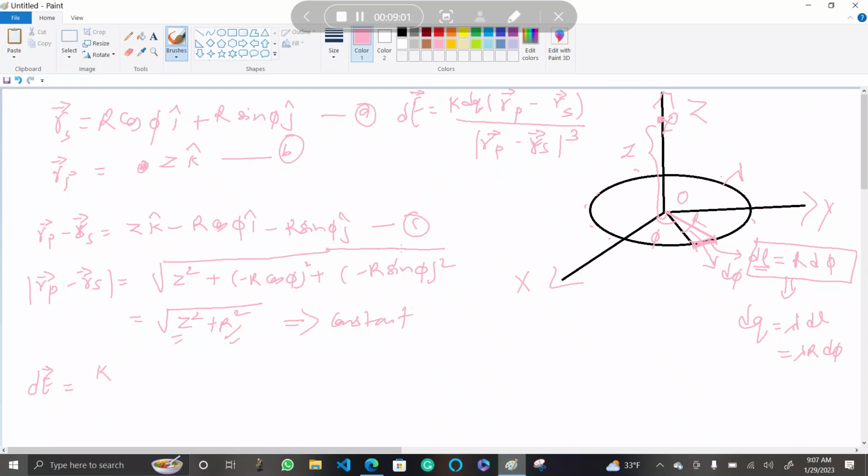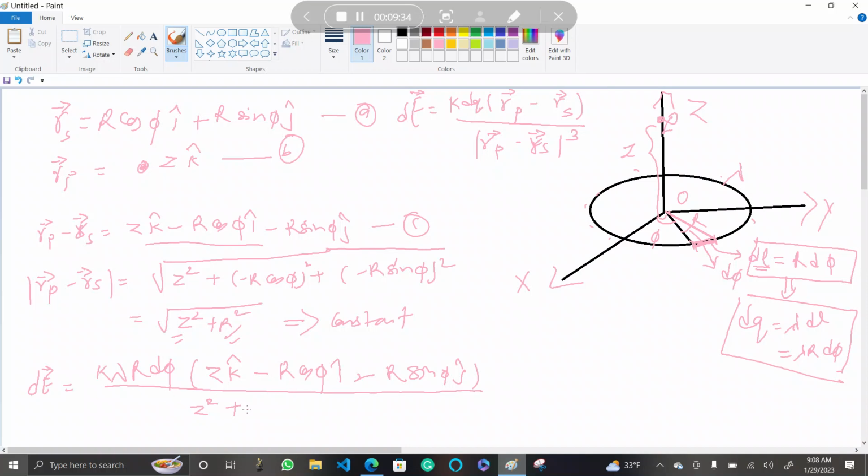Here we have calculated dq, which is lambda r d phi, times the difference of the position vectors, z k minus r cos phi i minus r sin phi j, over the cube of the magnitude of the distance between them, which is z squared plus r squared to the power 3 over 2. Let me call this equation D.